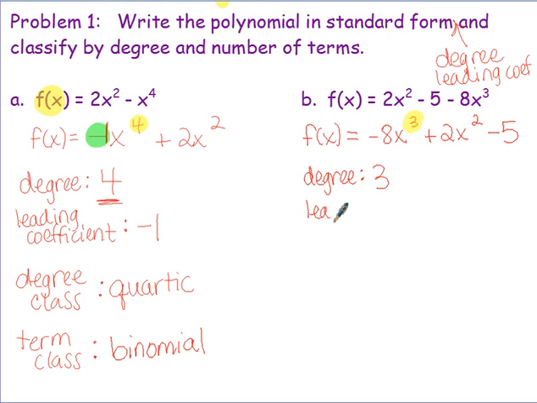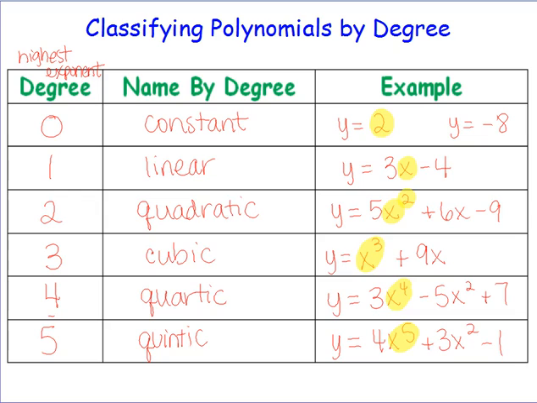The leading coefficient is simply the number in front of the 3. So that would be that guy, which is the negative 8. And your degree classification, the degree is 3. Reference our chart. 3 is cubic.